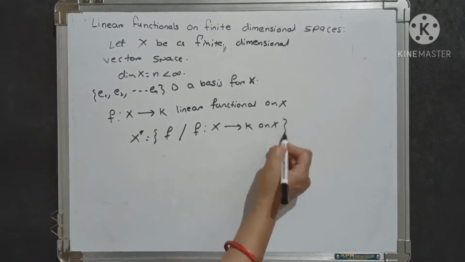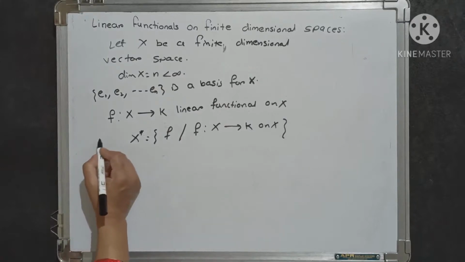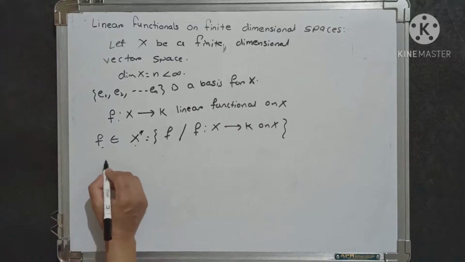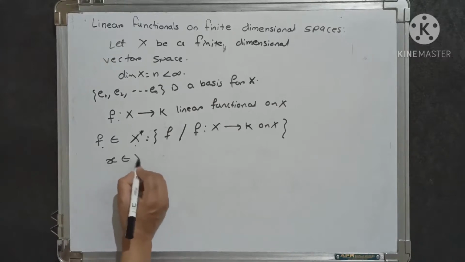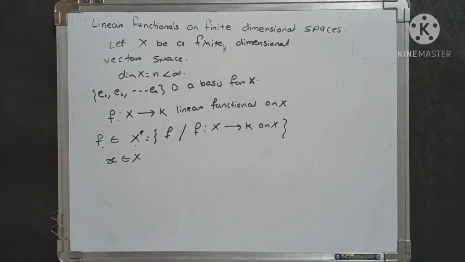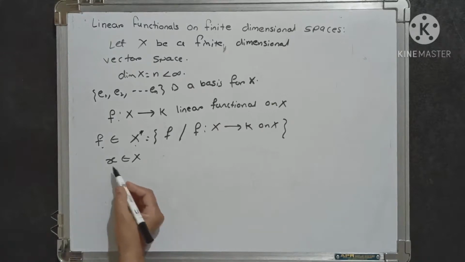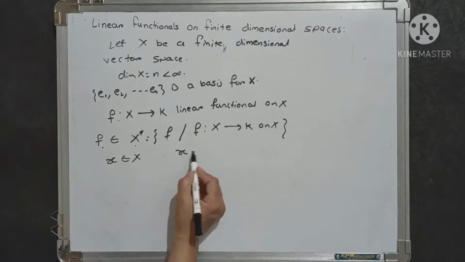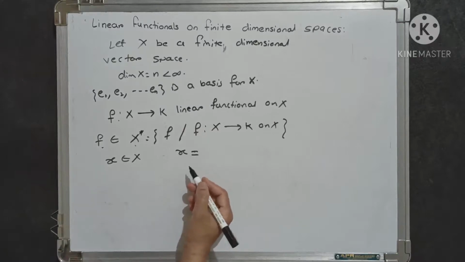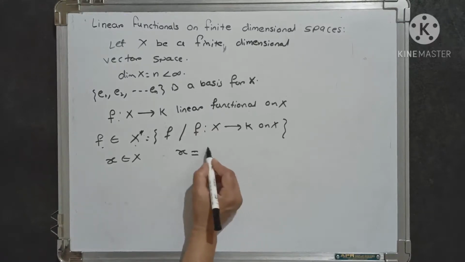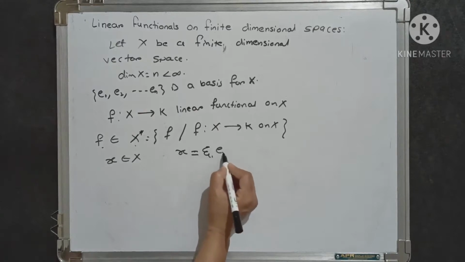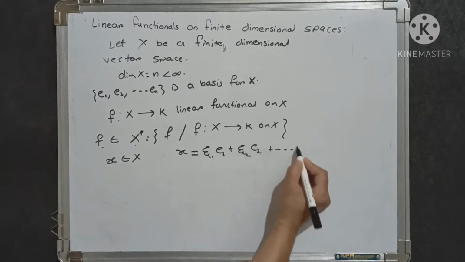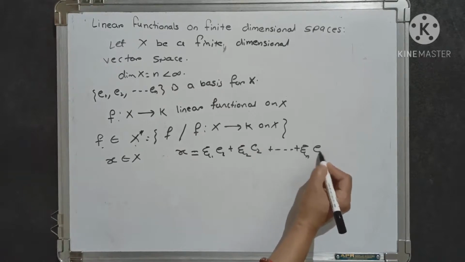It is a linear functional, and therefore for any f belonging to X star and for every x belonging to capital X, as x is an element of capital X, x has a unique representation x equals xi1 e1 plus xi2 e2 up to xin en.